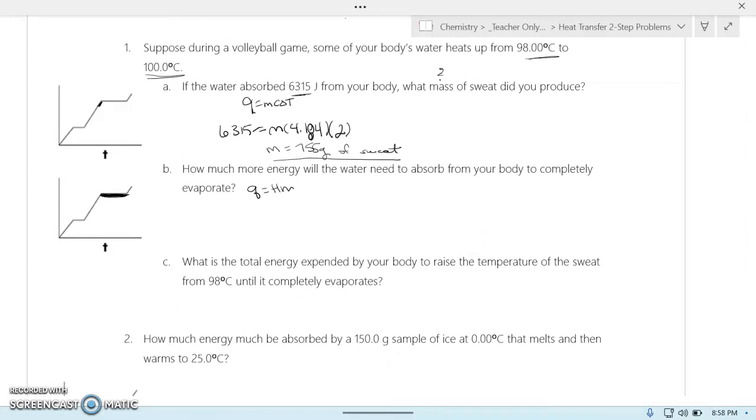So we have our mass we just calculated, we have heat of vaporization, and we are ready to solve for this energy. The energy required is going to be a lot because that's a lot of sweat: 1,706,300 joules.